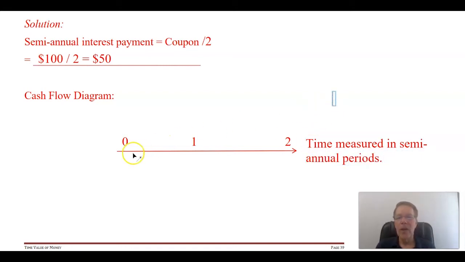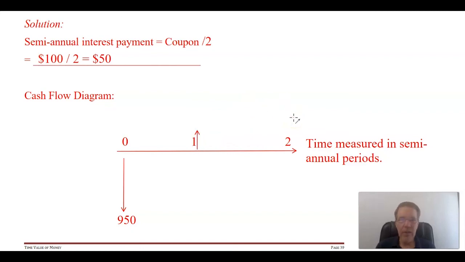Okay, so at t equals 0, what are we going to do here? We're going to pay 950. So we're doing this cash flow diagram from our perspective, right? And then in one semi-annual period, we're going to get $50 in 6 months.